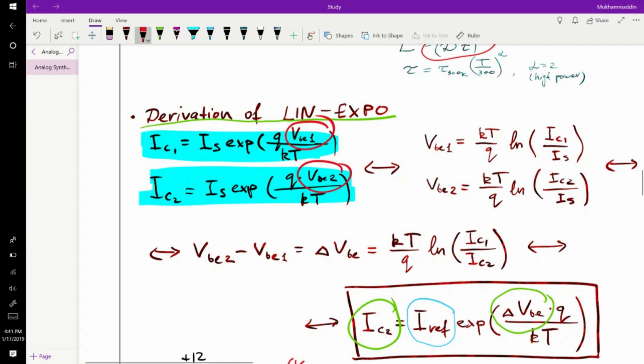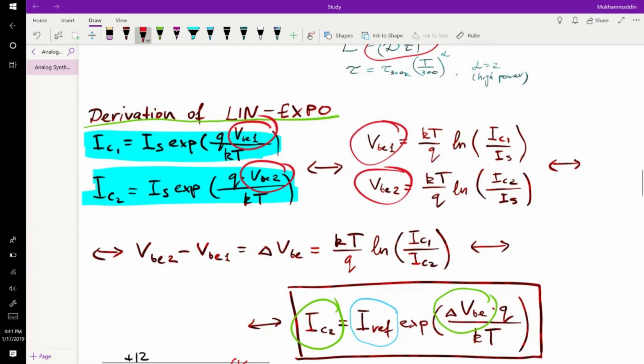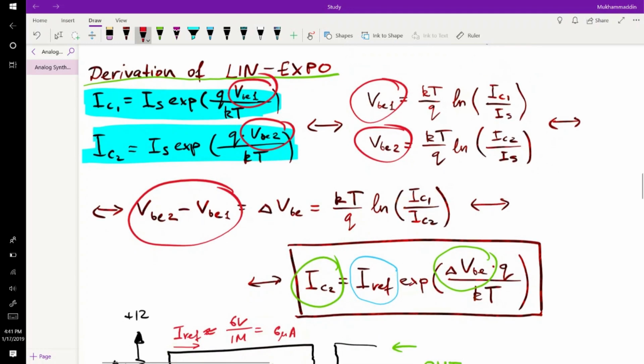Now let's solve these formulas for the voltages at the bases, and we will find the difference between them. Don't ask me why just yet. We will talk about this later. So VBE2 minus VBE1 is equal to delta VBE, which is equal to this formula.